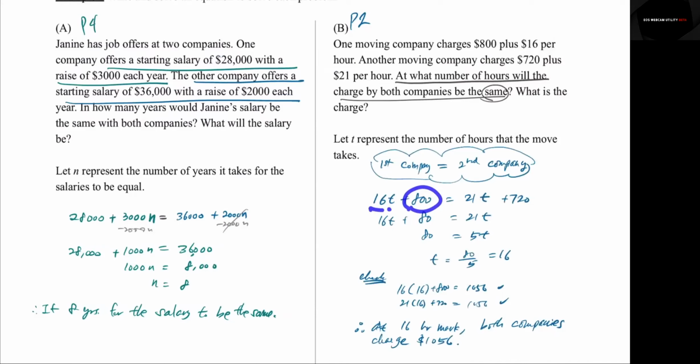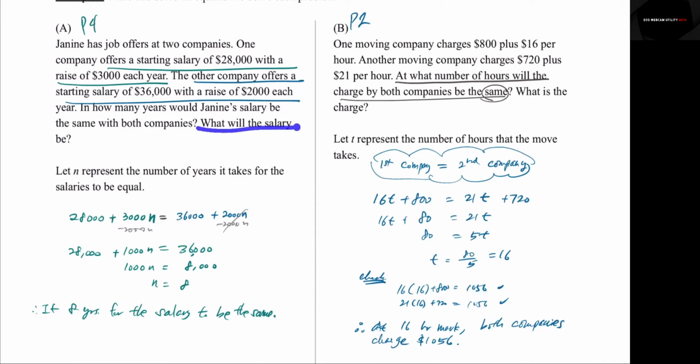The second company right here, $720 initially plus $21 per hour. When you go through the calculation, it turns out the t is 16. So it will take 16 hours for it to be the same price. When you plug in the value, both of them give you 1,056.